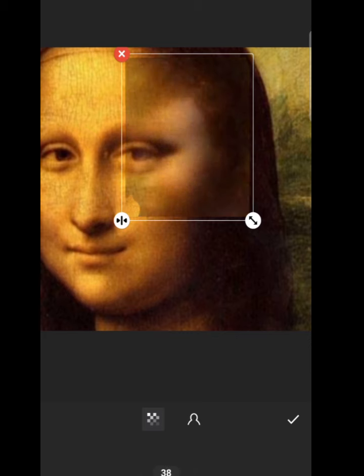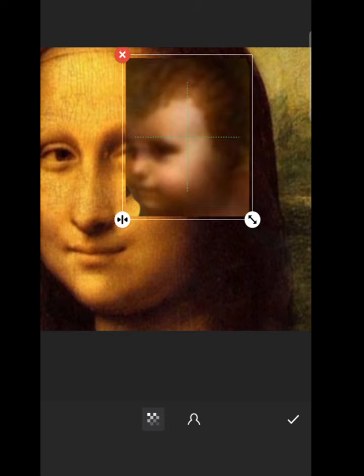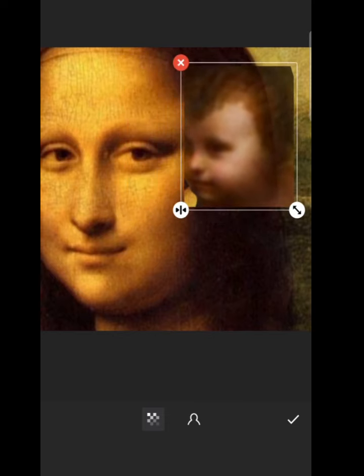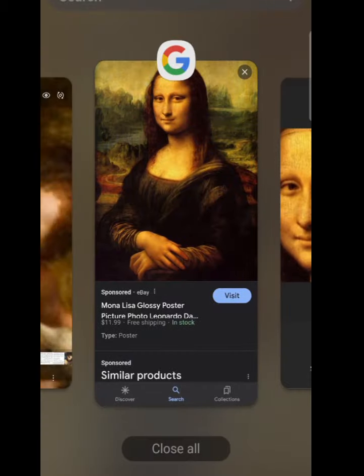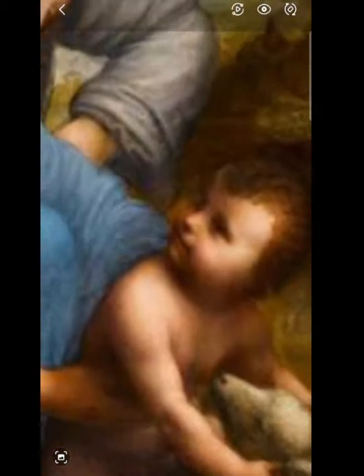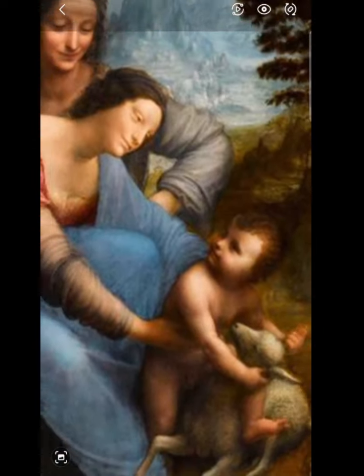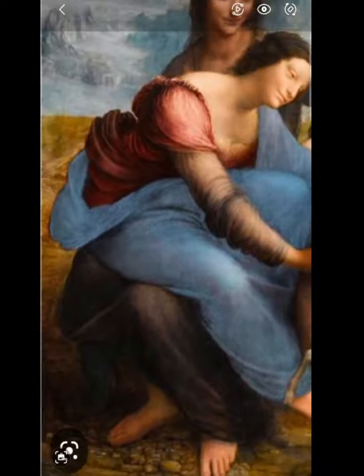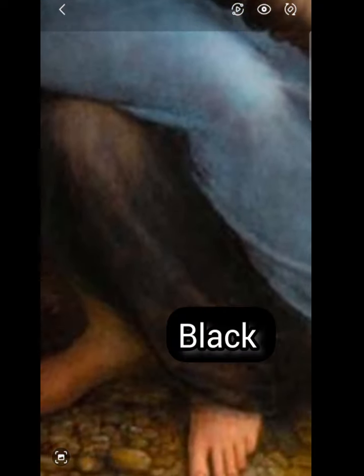And what I'm going to break down to you is going to amaze you even more. Because this baby in this painting, let's go back to it, all of it is code talk. This is a man, and the colors he's wearing are black.